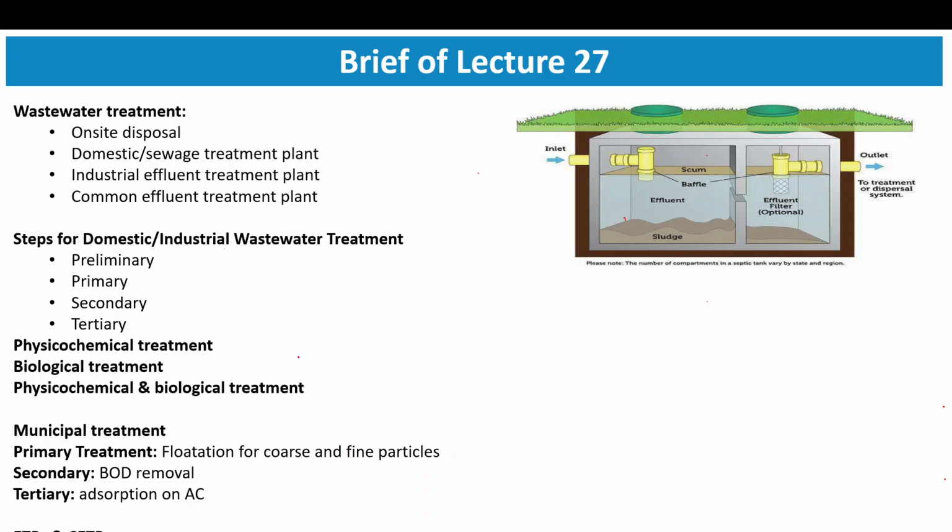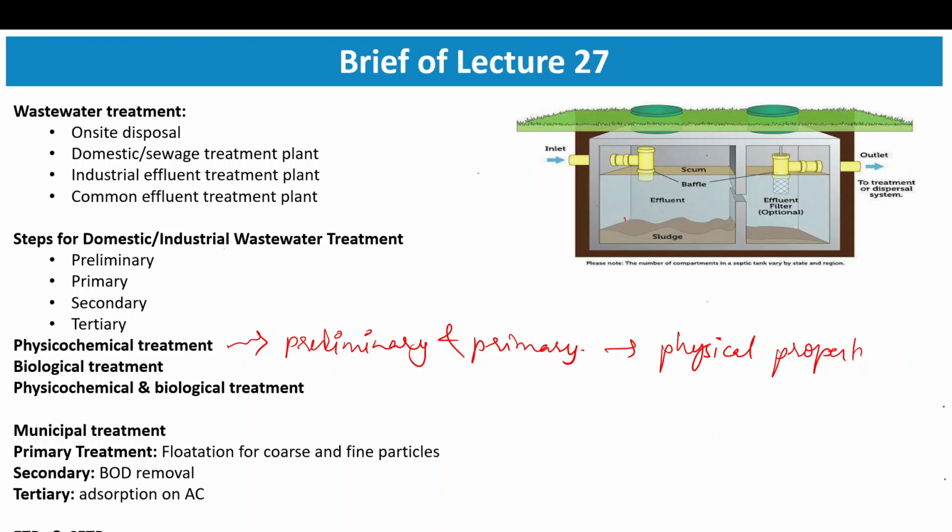Further, if we categorize, preliminary and primary treatment are physicochemical processes, because we are targeting the physical properties of water, and further, by adding chemicals, the physical and chemical properties in the form of suspended particles and soluble material.